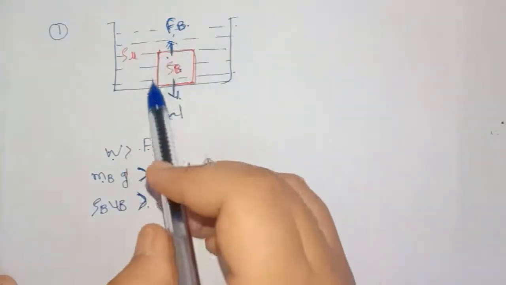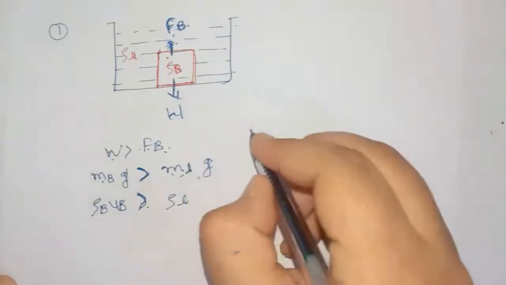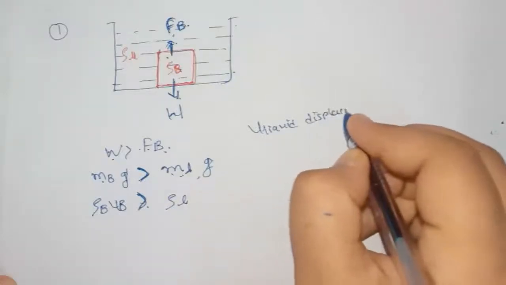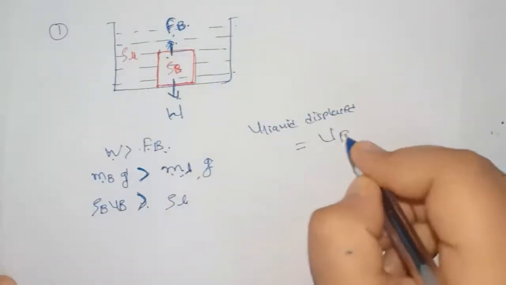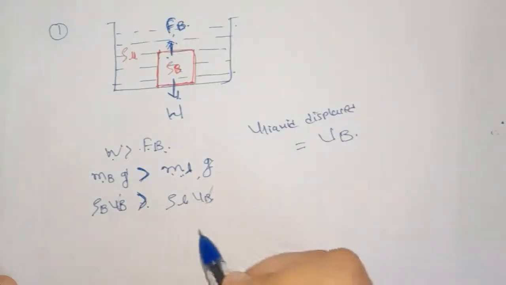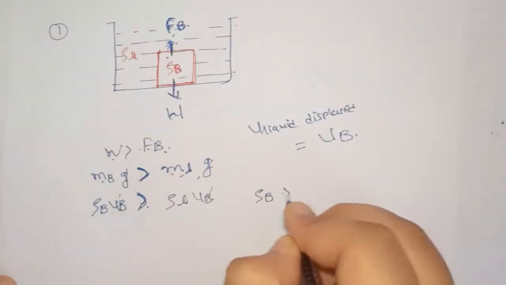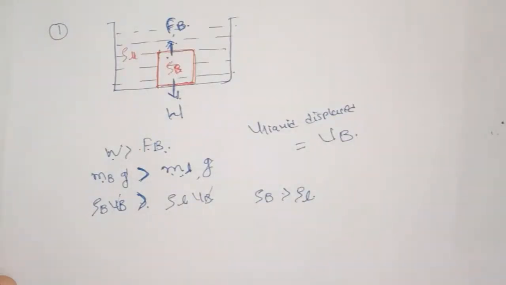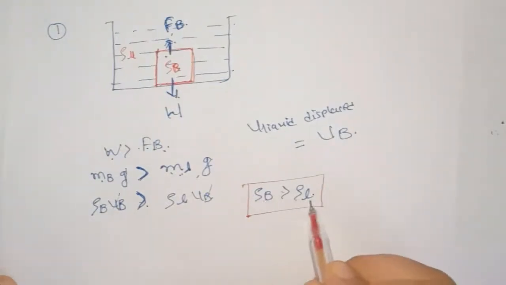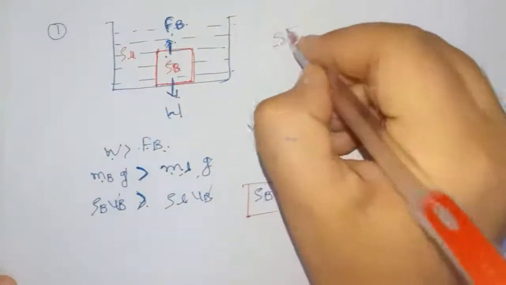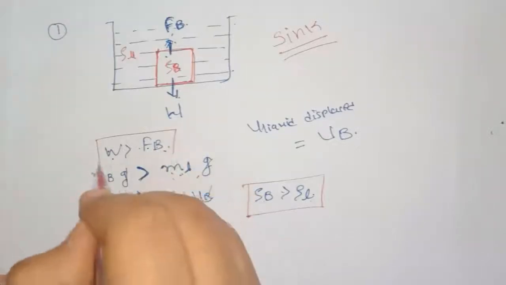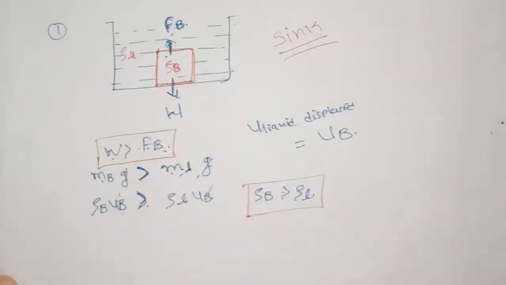Here the whole object is inside the liquid, so the volume of liquid displaced will be equal to the volume of body. This VB will get cancelled out, so the density of body is greater than the density of liquid. If the density of body is greater than the density of liquid, then the object will sink. And here remember, the weight is greater than the buoyant force.